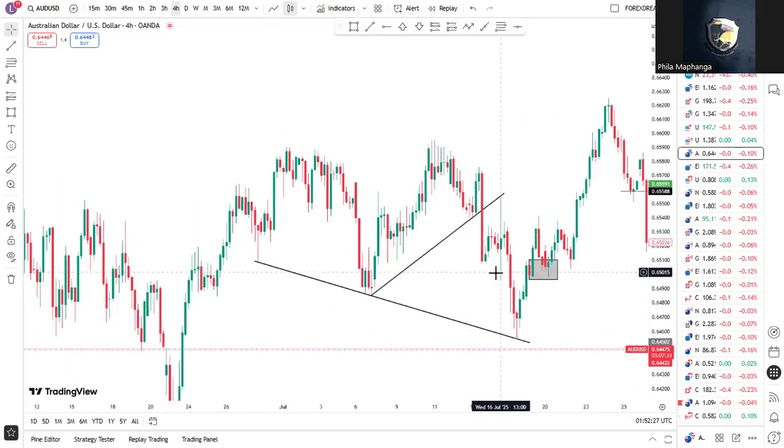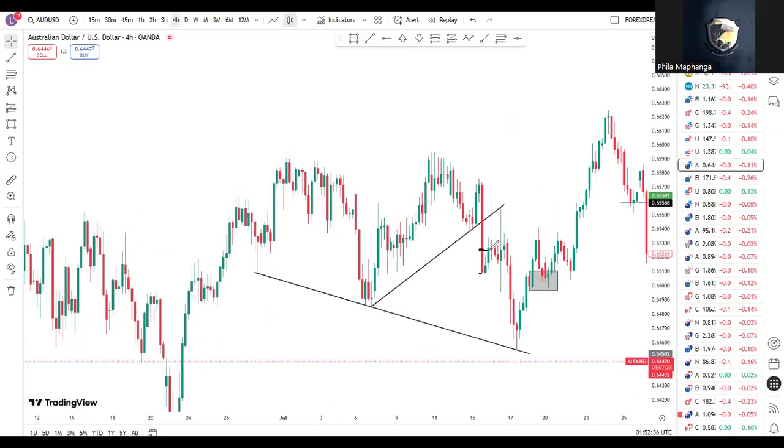Now you understand what is happening. Someone will say, I can see the market is going down. They jump in and sell, expecting the market to come this far. They place their stop loss just up there.